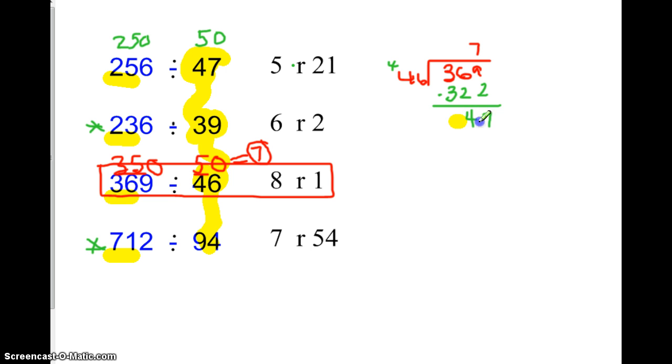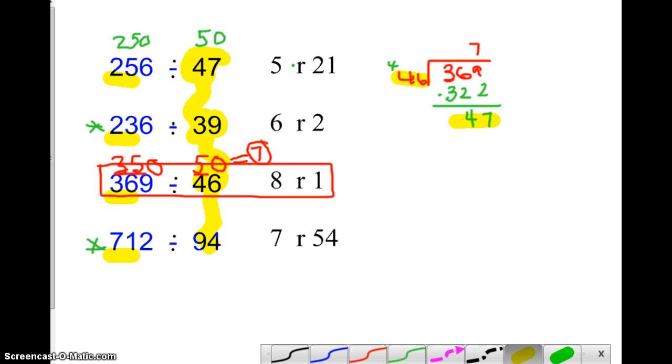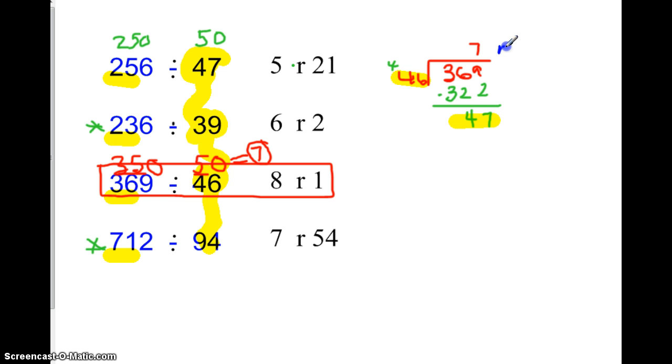This is impossible. This number can never ever be bigger than that number. So I can't use 7, because I'll have a remainder of 47, right? And this remainder can never ever be bigger than the divisor. Never, ever. It's wrong.